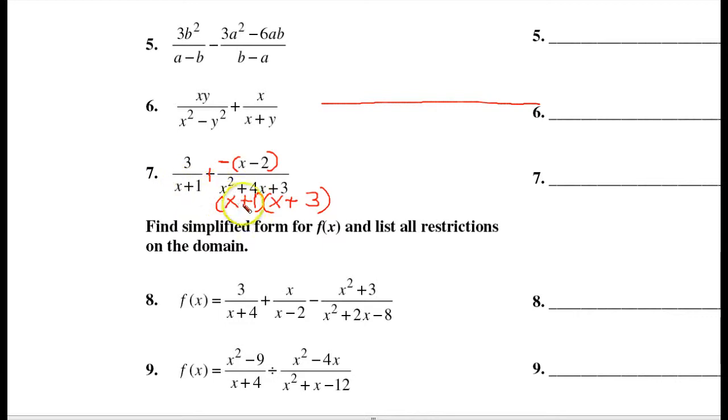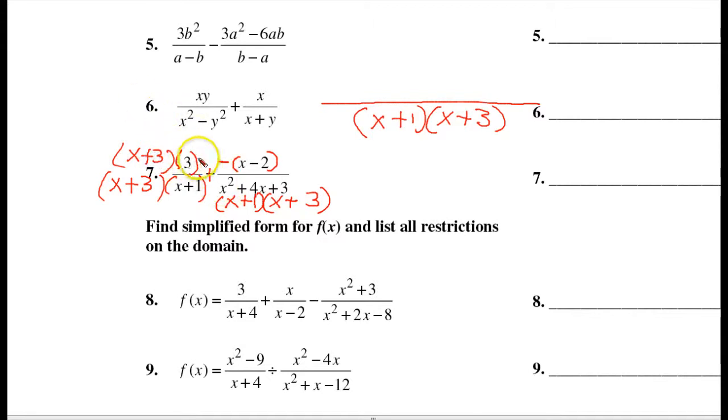This term, to get this common denominator, needs to have this there. So I'm going to have to multiply this 3 here by this factor that's missing. So this will be x plus 3.